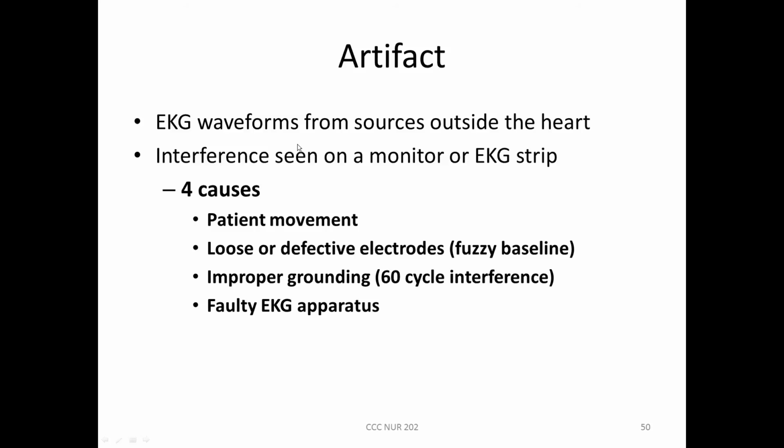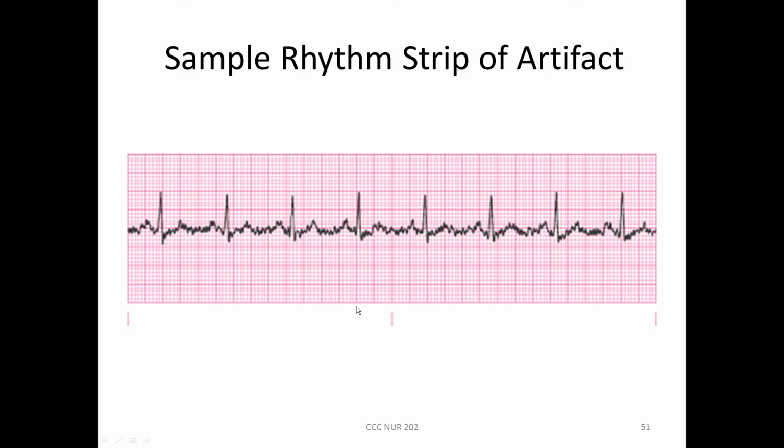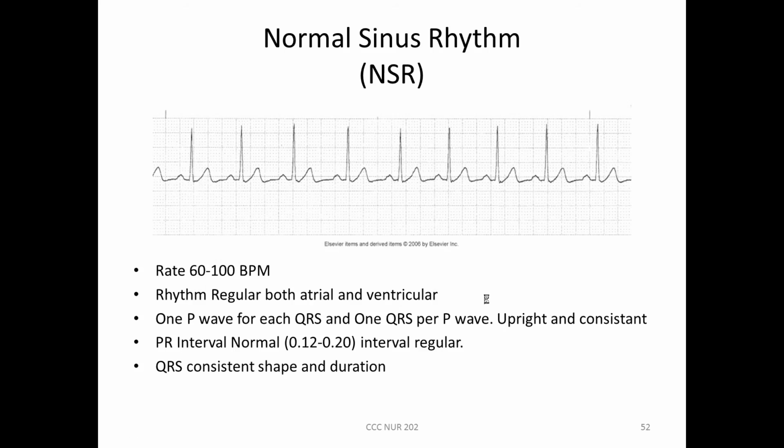Artifact, we can certainly have artifact on an EKG. There are 4 causes: patient movement, loose or defective electrodes, improper grounding, faulty EKG apparatus. And this is what that would look like. Just one strip. There are different artifacts you might see other than that.